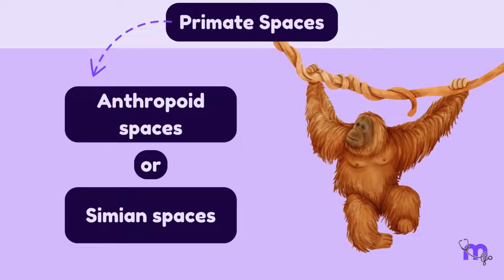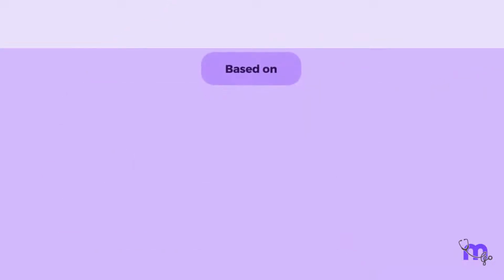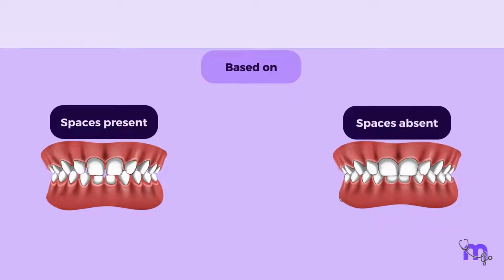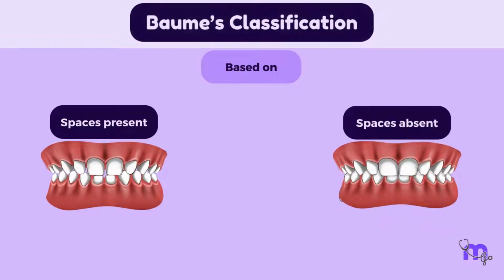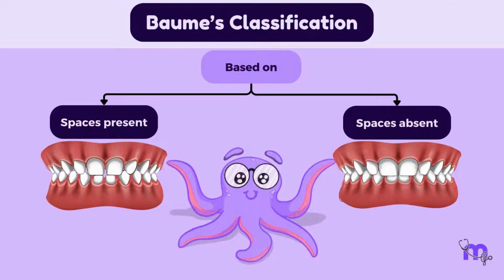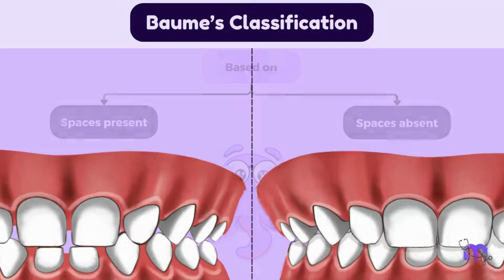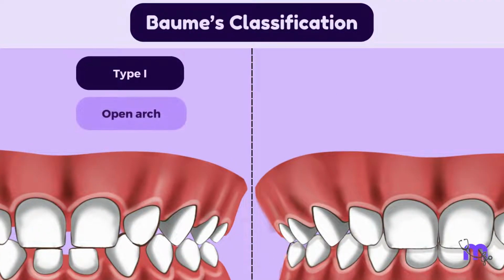Based on the presence or absence of these spaces, Baume divides the primary dental arch into two groups as follows. Type 1 is the open arch that represents the spacing in the dentition in all the stages.